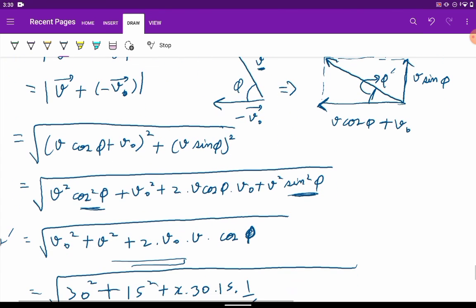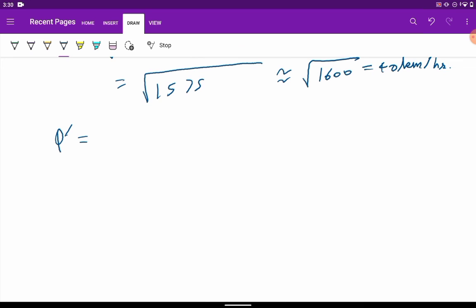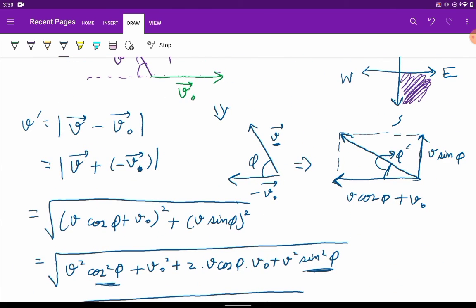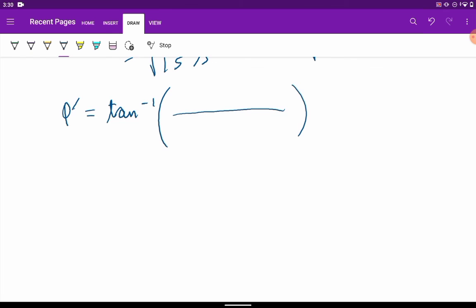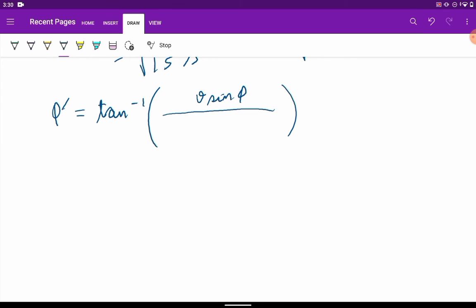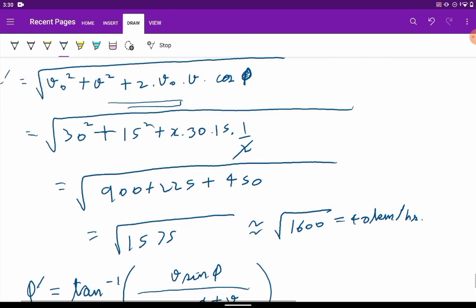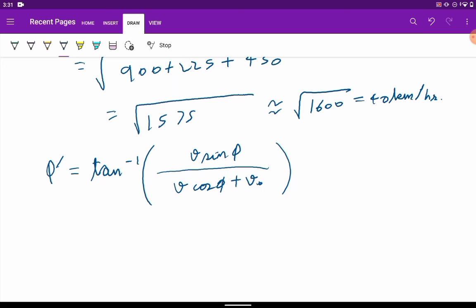It essentially becomes tan inverse of v sin phi divided by v cos phi plus v naught. You just need to feed in the values and take the tan inverse of that. I'm not calculating this, I'm leaving it here, you can check it out. So that was the solution for problem 1.6.